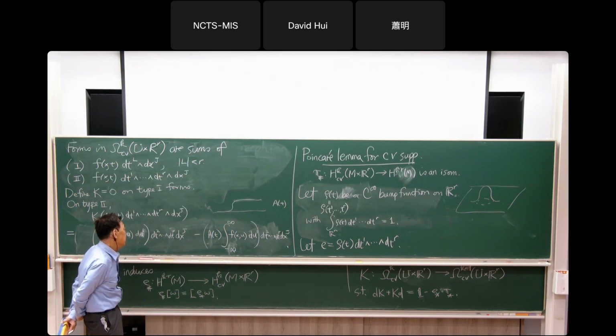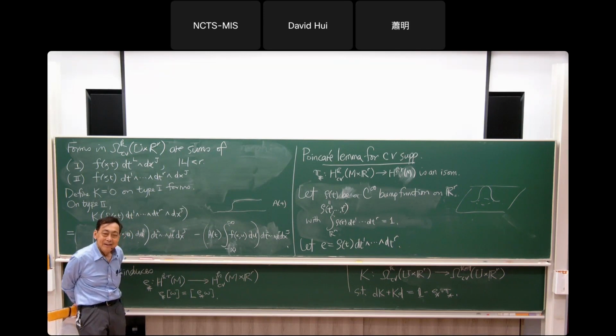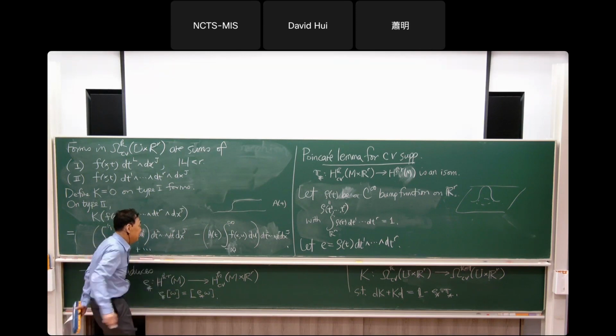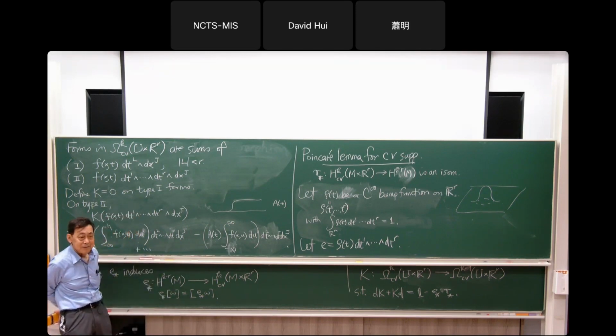That would have the right degree. And then maybe do it for all the other variables. Does anybody have any other suggestions? This looks like a reasonable formula.